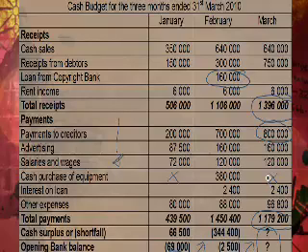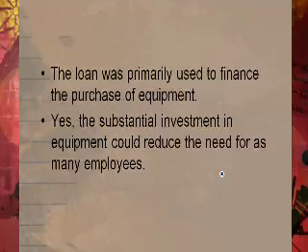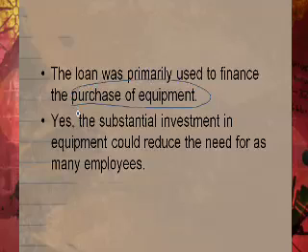All other expenses you would find normally are the same, but you pick up that in February, the 380,000 is a unique expense. Why? We bought equipment in February. So if we're looking at the reason for the loan taken out in February, it was used for the purchase of equipment. There's a direct correlation between the loan and the equipment.